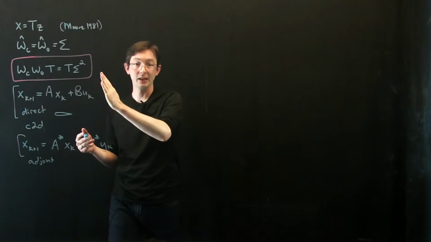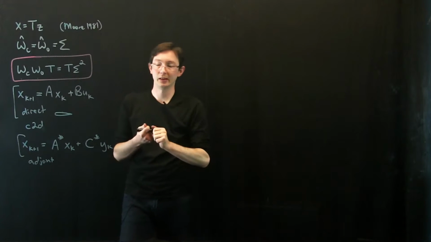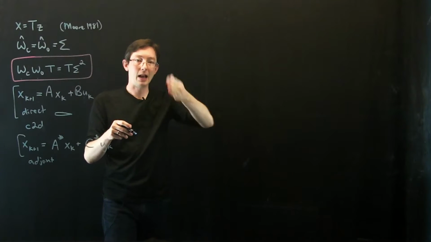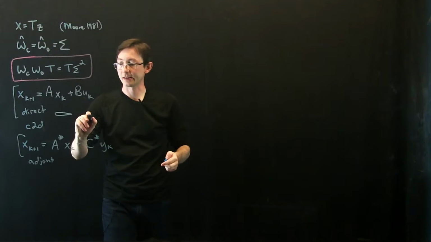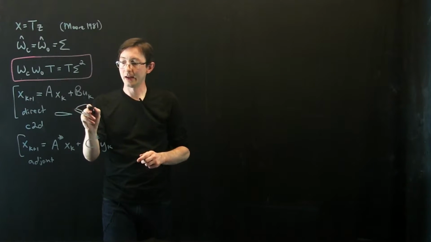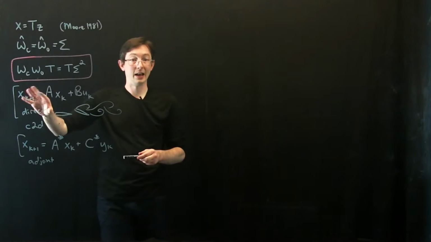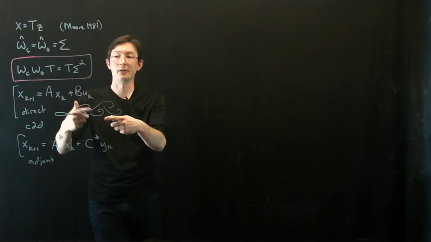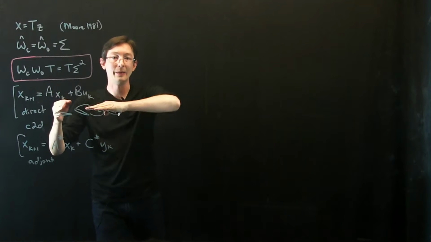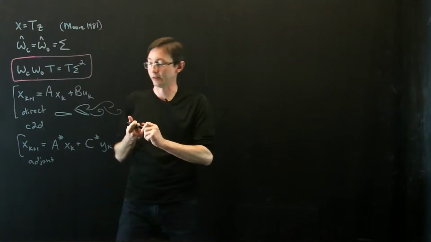Maybe I'll give it an angle of attack or something like that. And then I watch how the dynamics evolve through the states of X. So this is a movie now of how the state is evolving in time after I kick the system. That's an impulse response.